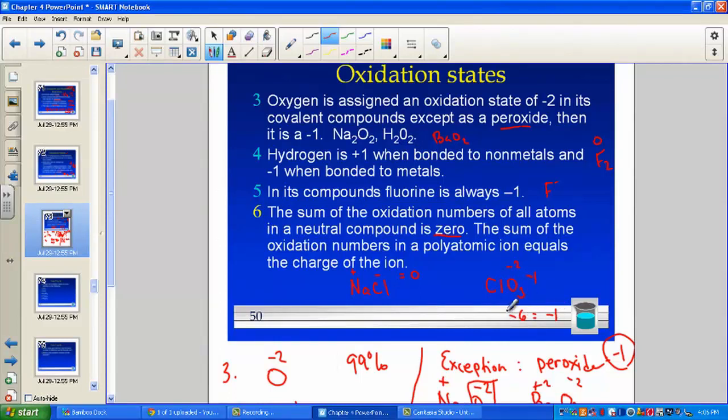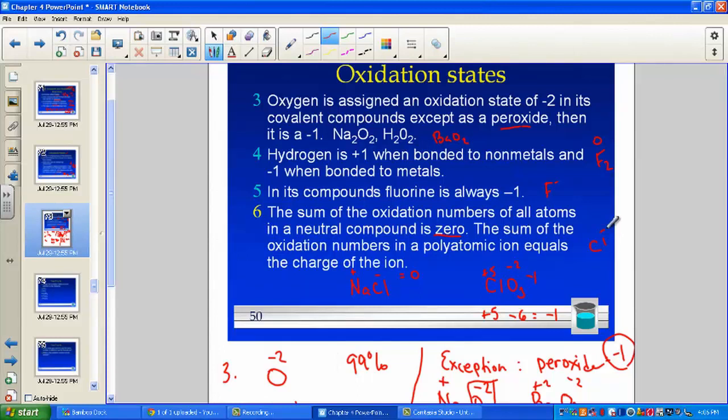What must the oxidation number on the chlorine be so that when I sum the two numbers together, I get a -1? What, when added to -6, brings me to -1? Well, it's a +5, isn't it? The oxidation state on chlorine in this polyatomic ion called chlorate is +5.